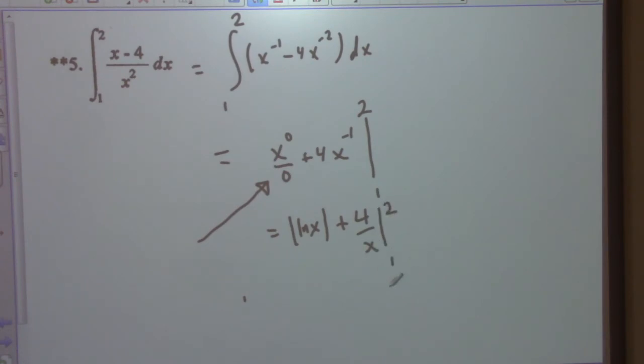And so you go ahead and put in the bounds. I'll just work to the right here to leave room. So what we have is ln of 2 plus 4 over 2, and you're going to subtract out ln of 1.